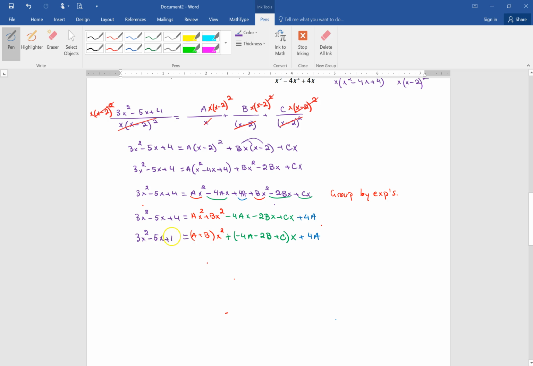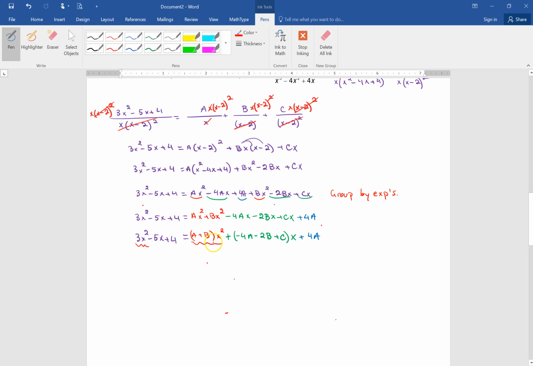Now comes the fun part. Look at the x squared terms here and here, okay? In the purple, what is the coefficient of the x squared? 3. Here, what is the coefficient of the x squared? A plus B. Okay? So the number in front of the x squared here is a 3.